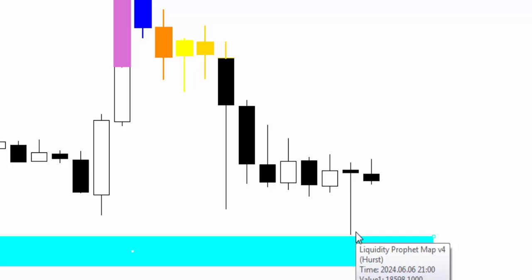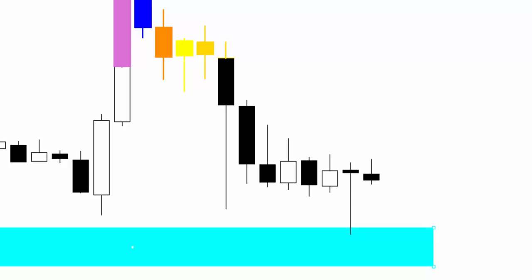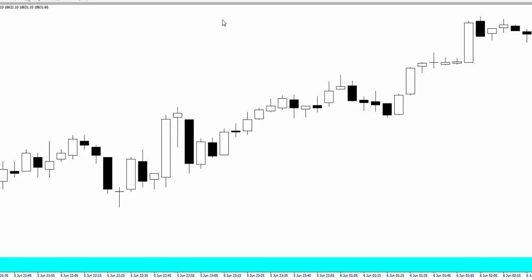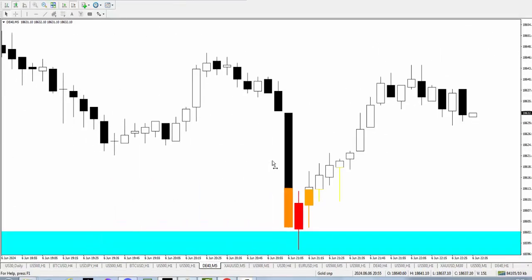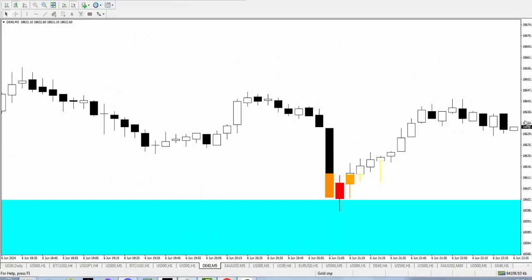Now, different brokers, different prices, and I wouldn't say that I would trust one broker. So in an example like this, even though I say top of the body, bottom of the wick, I think you could probably be forgiven for putting it on the top of the wick, especially if you've got something like a doji.